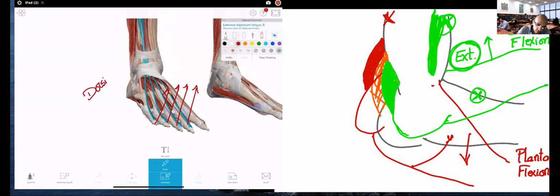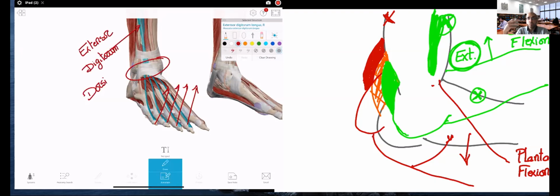It's also passing in front of the ankle, so it helps with the dorsiflexion of the ankle joint. Do we call this a flexor or an extensor? It's an extensor muscle. Is it gonna be only applying its action on the ankle, or it goes to the toes as well? Toes are like the fingers, so we call this a digitorum.